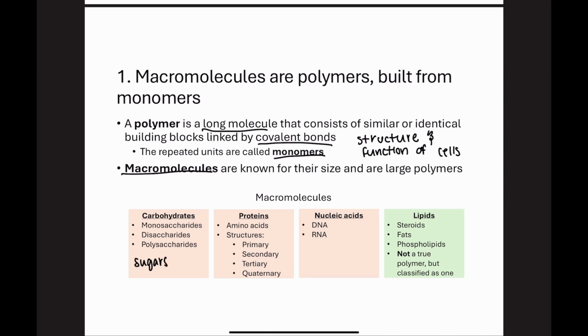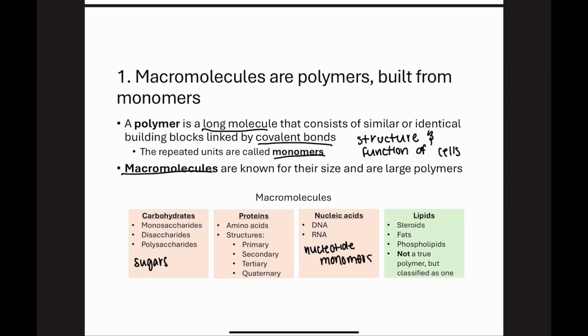We have proteins, and in our protein groups we have amino acids, and our proteins are going to be made up of amino acids. So it's kind of like amino acids are protein monomers, and then we have our nucleic acids. And our nucleic acids include our DNA and RNA, which are both made up of nucleotide monomers.